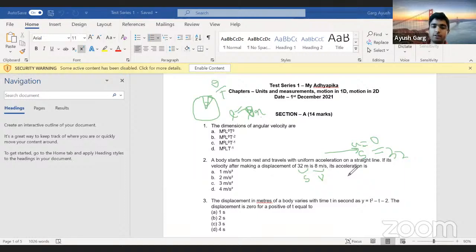So there is going to be one equation which relates all these variables. It's v square minus u square is equal to 2as.